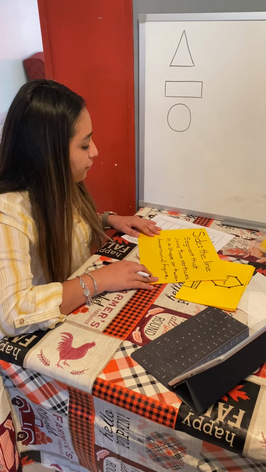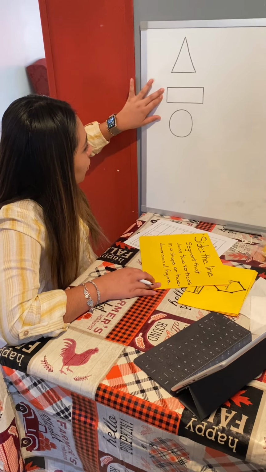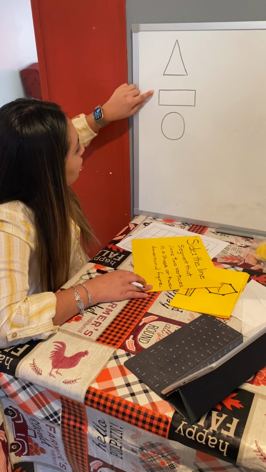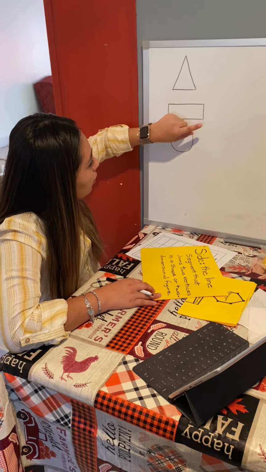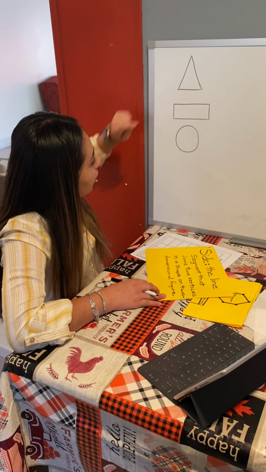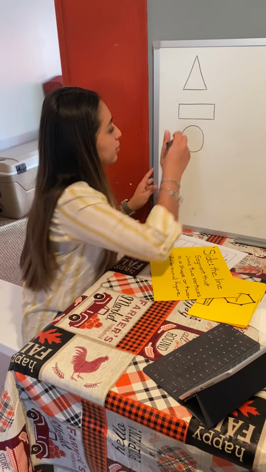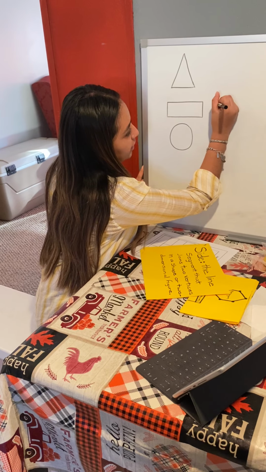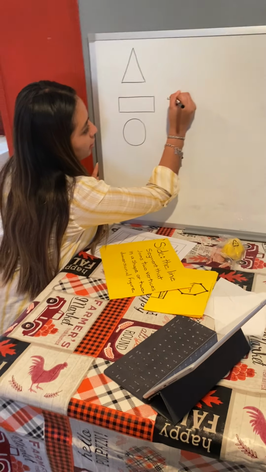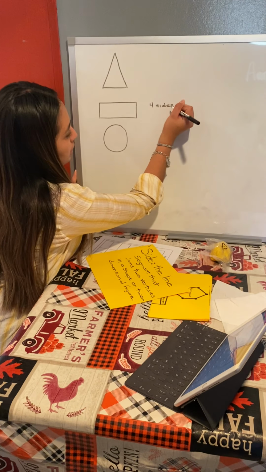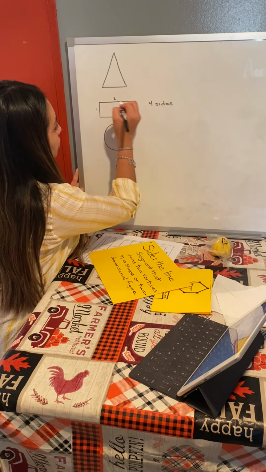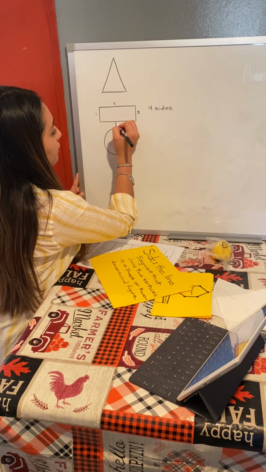So for the rectangle right here, we can see that these are its sides. 1, 2, 3, 4. So we would say that this rectangle has 4 sides. So there's 1, 2, 3, 4.